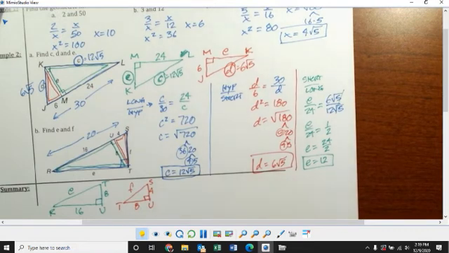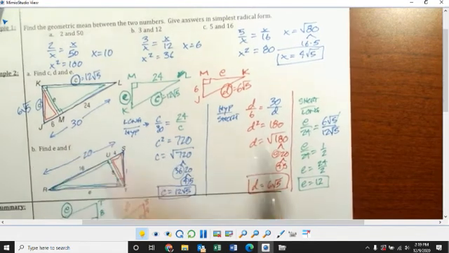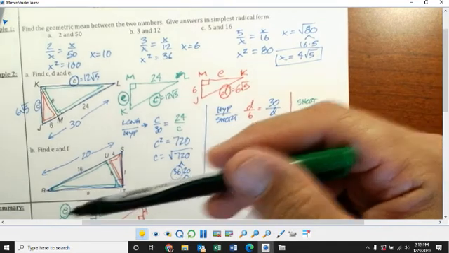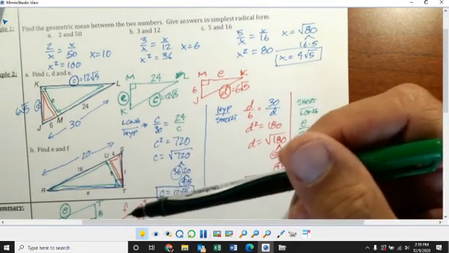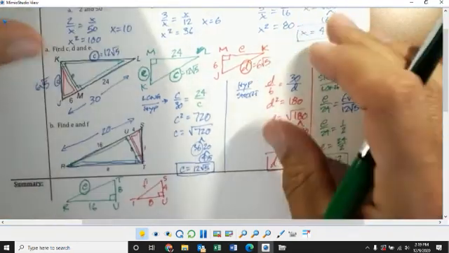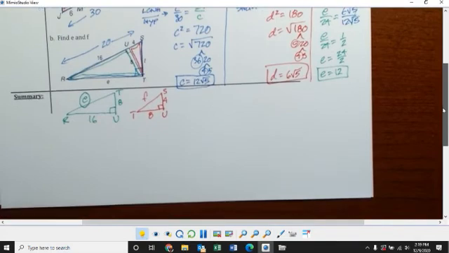Okay, so let's see. E appears right here as the hypotenuse. I can do hypotenuse over long side or hypotenuse over short side. I don't want to use the hypotenuse of the small triangle though because I don't know it yet. That's listed just as F, so that doesn't work out for me.